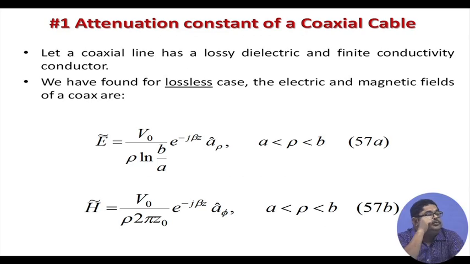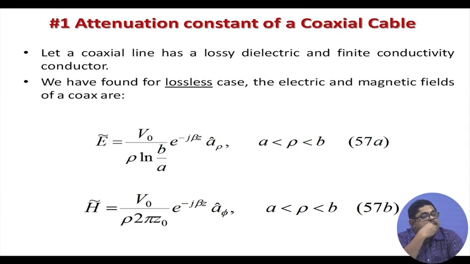So, some sort of theoretical tutorial: let a coaxial line have a lossy dielectric and finite conductivity conductors.